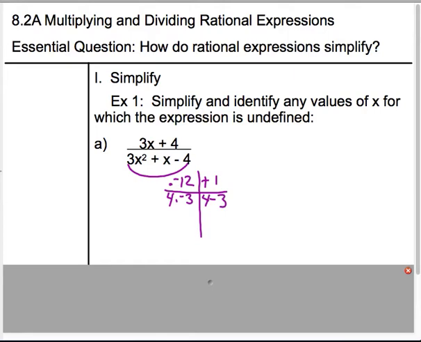So remember, you have to factor by grouping when the coefficient of your x squared term is not 1. So I'm going to show off my work in the denominator to kind of keep all of my original problem together. So I'm going to rewrite the 1 as 4x minus 3x.